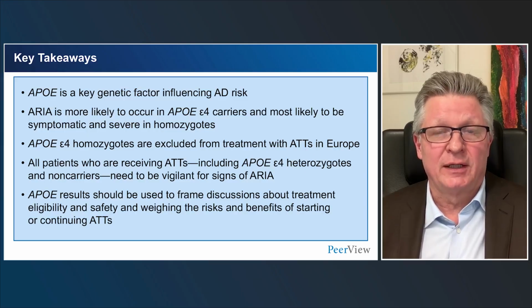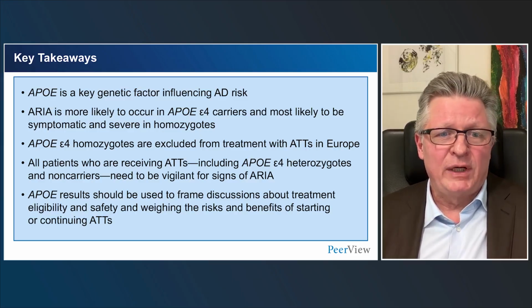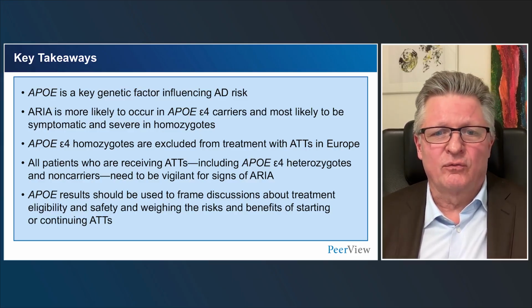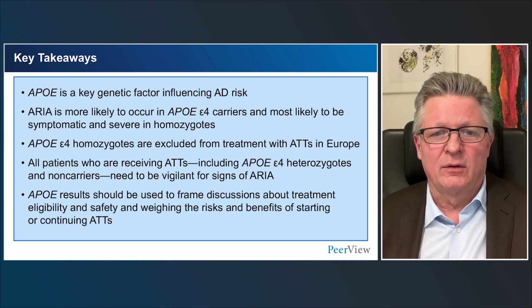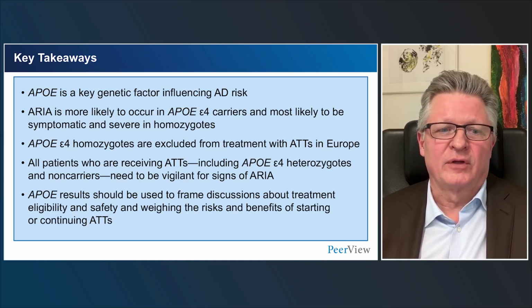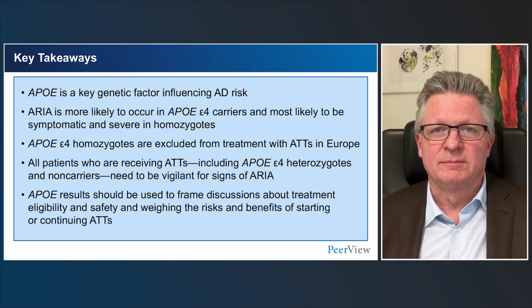Patients need to be educated about these potential signs of ARIA. And APOE results should be used to frame the discussion about treatment eligibility and safety and weighing the risks and benefits of starting or continuing amyloid-targeting therapies.